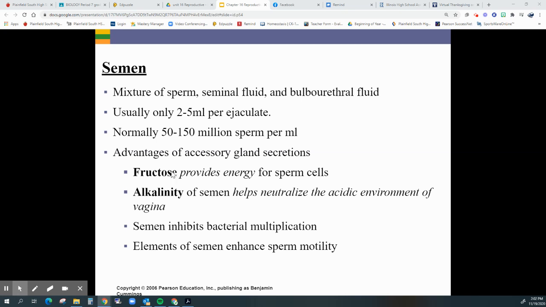Advantages of this: because there's fructose, there's an energy source in them. It's also alkaline, which helps neutralize the acidic environment of the vagina as it goes in. The semen also inhibits bacterial growth, and it also helps sperm mobility.